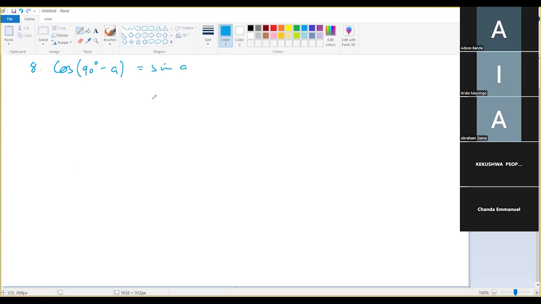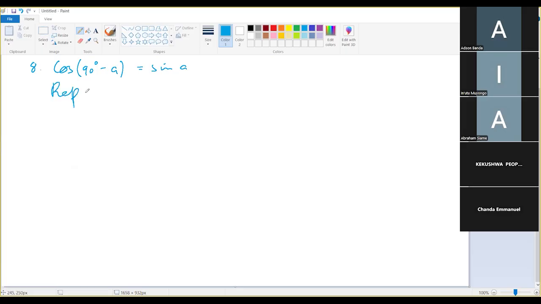So we want to develop the formula that involves alpha plus beta, or A plus B, if you want to put it that way. So what we are going to do is to replace A in 8.